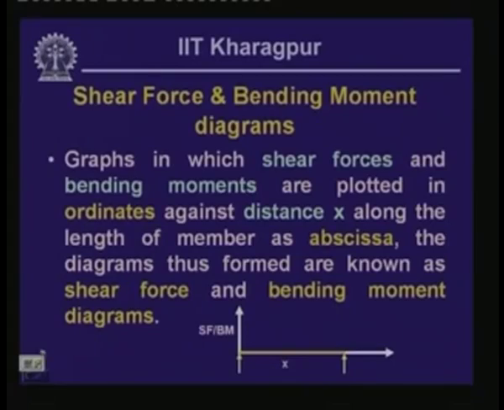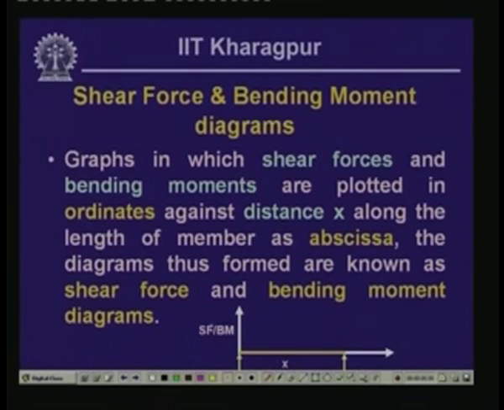Now, to find the variation of the bending moment or the shear force along the length of the beam, the diagrams which we plot we call shear force and bending moment diagrams. This is what is defined here: the graphs in which shear forces and bending moments are plotted as ordinates against distance x along the length of the member as abscissa.